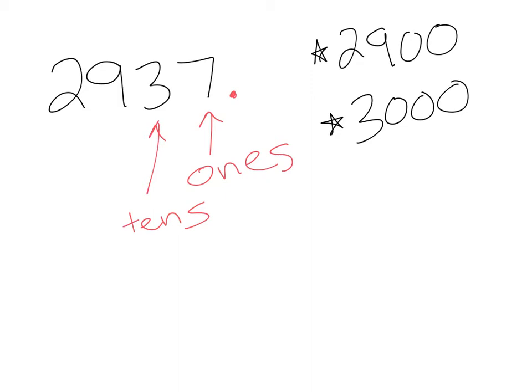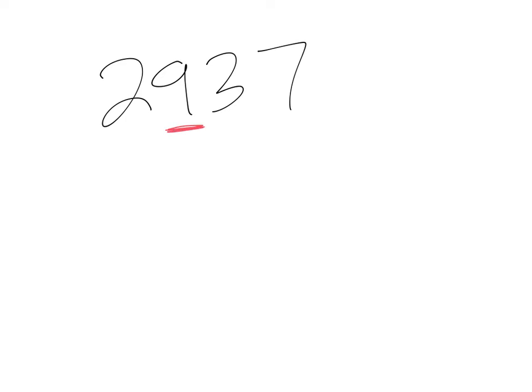So that being said, let me rewrite that number up here, it was 2,937. If I said to take this number and round it to the nearest hundreds place, reminder again that I'm talking about the 9, here's what happens in rounding any number.